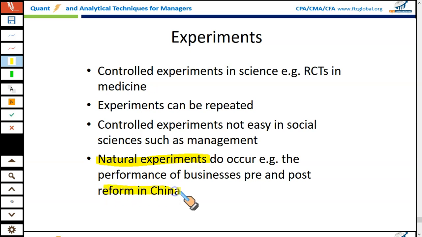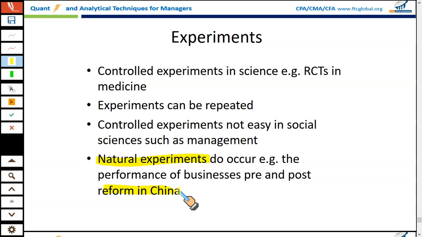regarding reforms in China. In the last 20 years, China has implemented various economic reforms that significantly altered its regulatory and economic landscape. So these reforms include changes in property rights, deregulation. Deregulation means where the government allows private sector participation in economic activity.